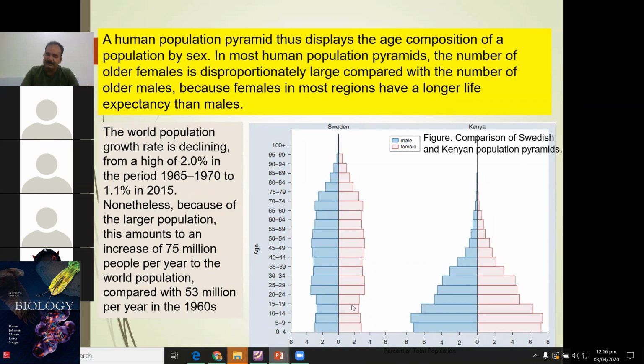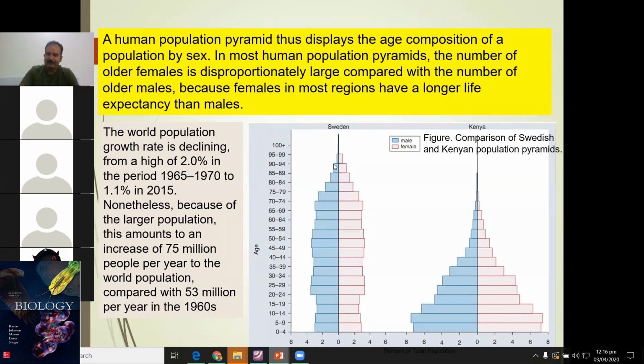It means in the case of Sweden, fewer young ones are added to the population, whereas there is a big adult population, which indicates that in the past their growth rate was high, but now it has decreased.